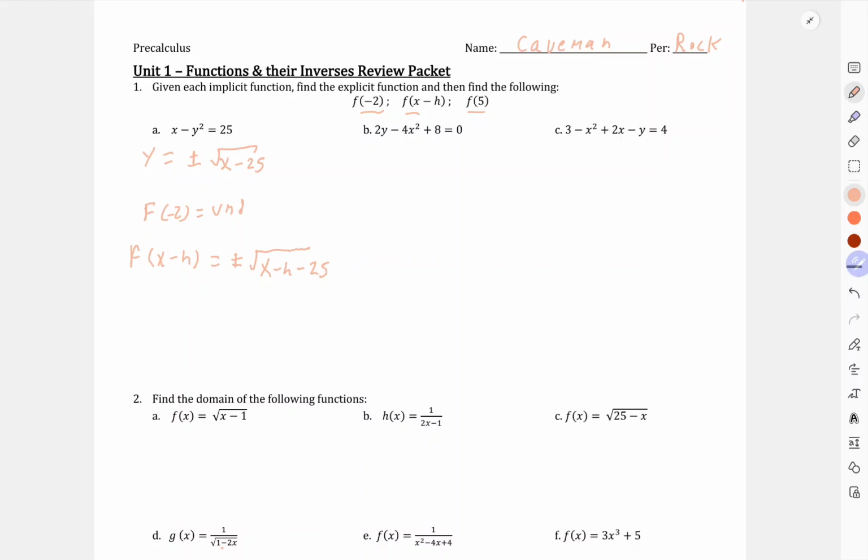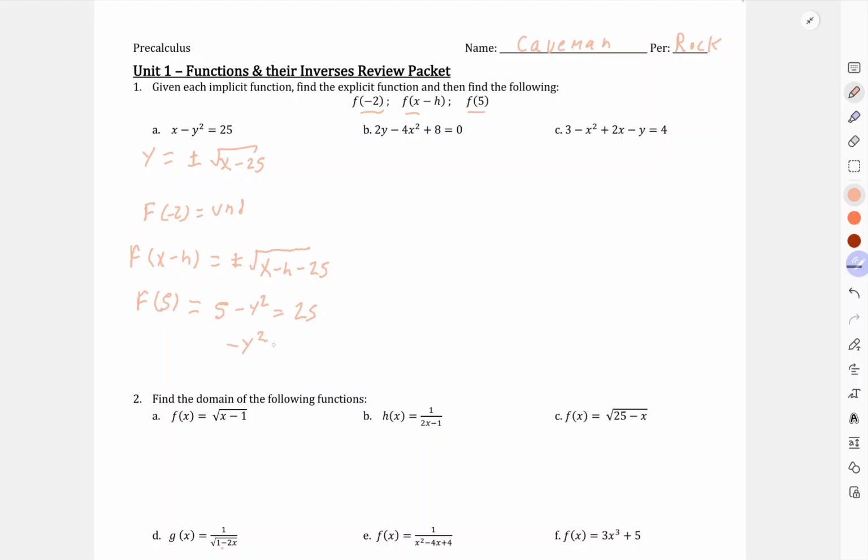It's not undefined. Now we try it with 5, right? We have to do this for each individual function that's stated up here. Now we plug in f of 5. When you plug in f of 5, you'll get 5 minus y squared equals 25, right? And when you do that, you bring 5 to the other side, and that's 20, right?